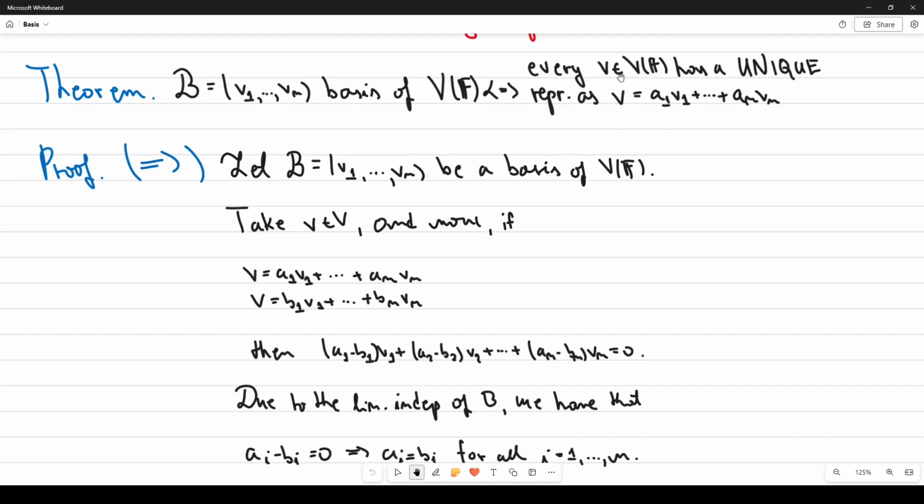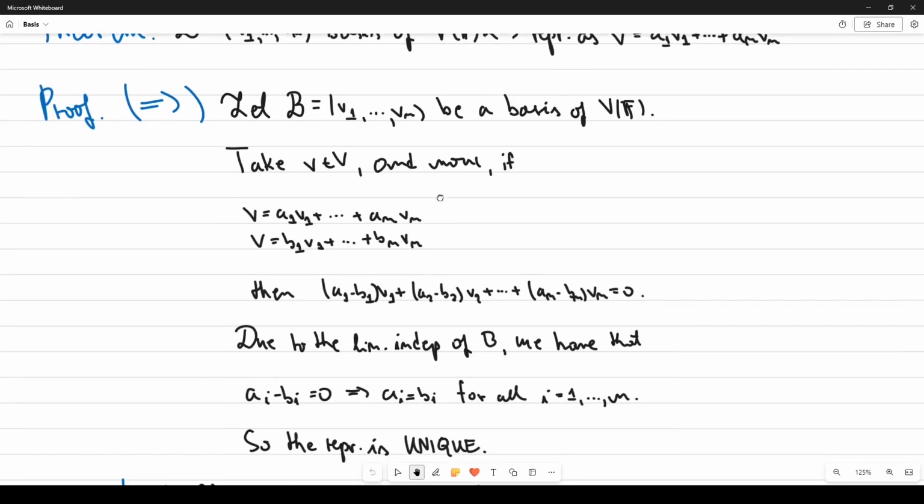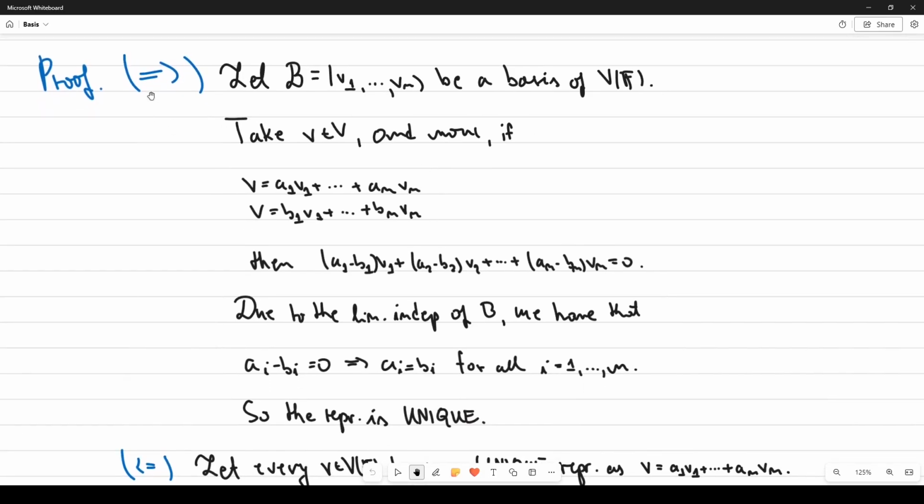If every vector in V has a unique representation as a linear combination of some vectors, then those vectors are a basis of the vector space. So if we have a basis, then every vector in the vector space can be represented in a unique manner as a linear combination. So let's show this.